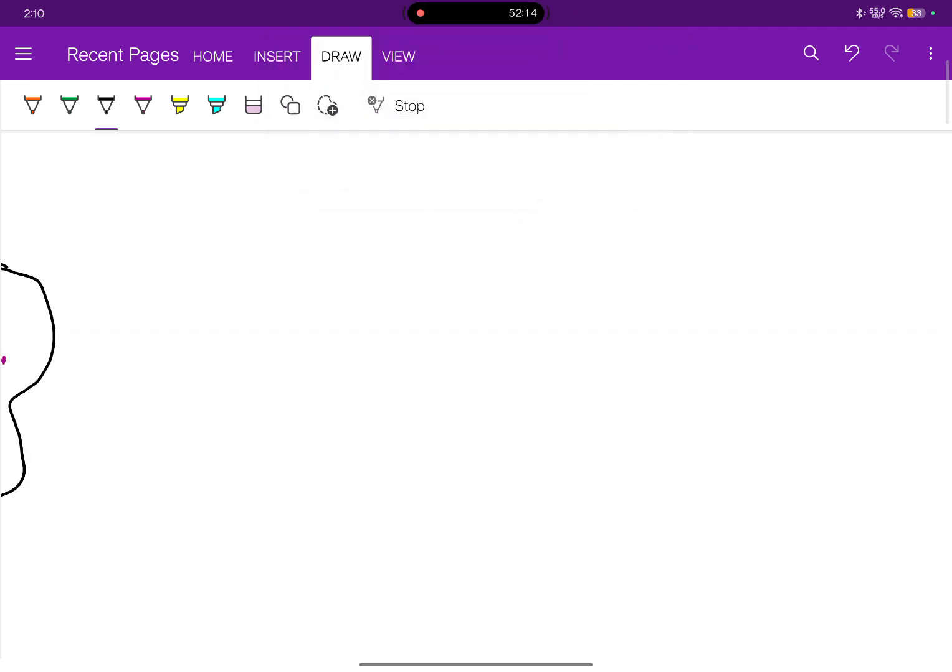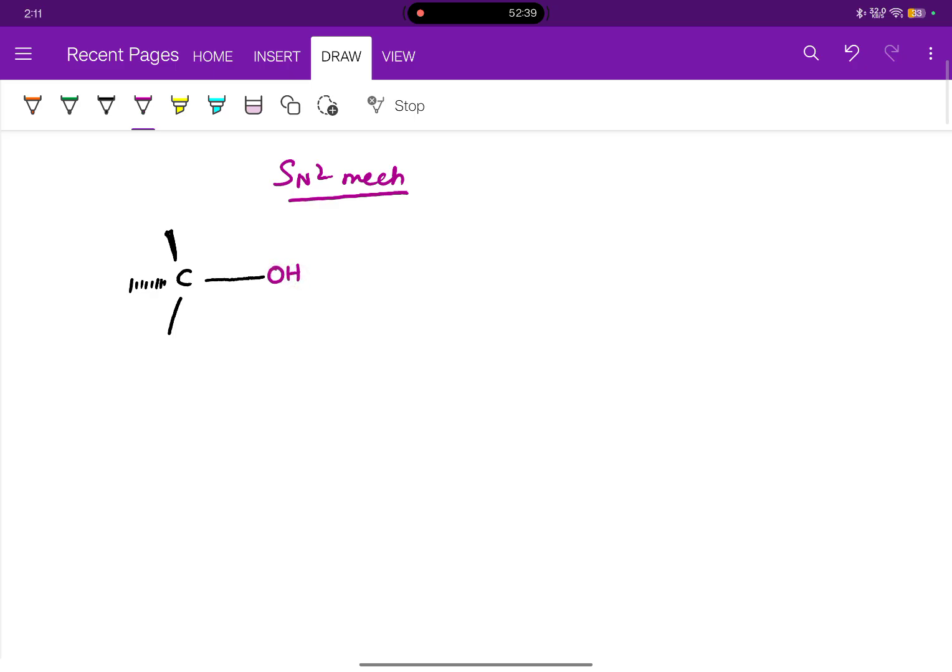Now we are getting into the SN2 mechanism. What is the speciality of SN2? 1 degree alkyl halide. Correct, only 1 degree alkyl halide should be used. So this is OH, this is hydrogen, this is D, this is T. What are D and T?